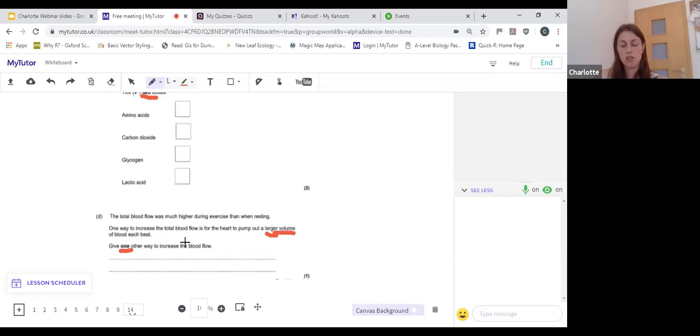So you've got the heart pumping out more blood each time it pumps. What other way can you increase the blood flow? Again, 1 mark for this. Well done, Grace. That one was right. Anyone else care to pop an answer in there?